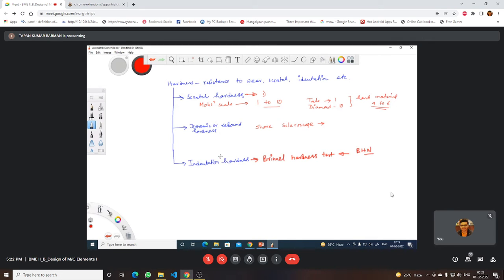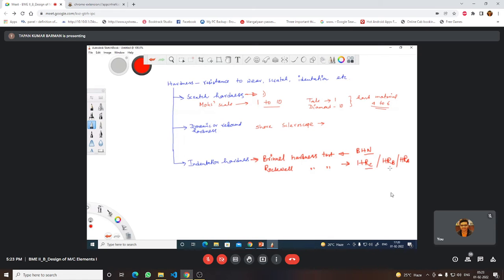So basically, indentation hardness is expressed in terms of some numbers, and that number is dependent on the method of making the test. So if we use a Rockwell hardness test, generally we use HRC, HRB.